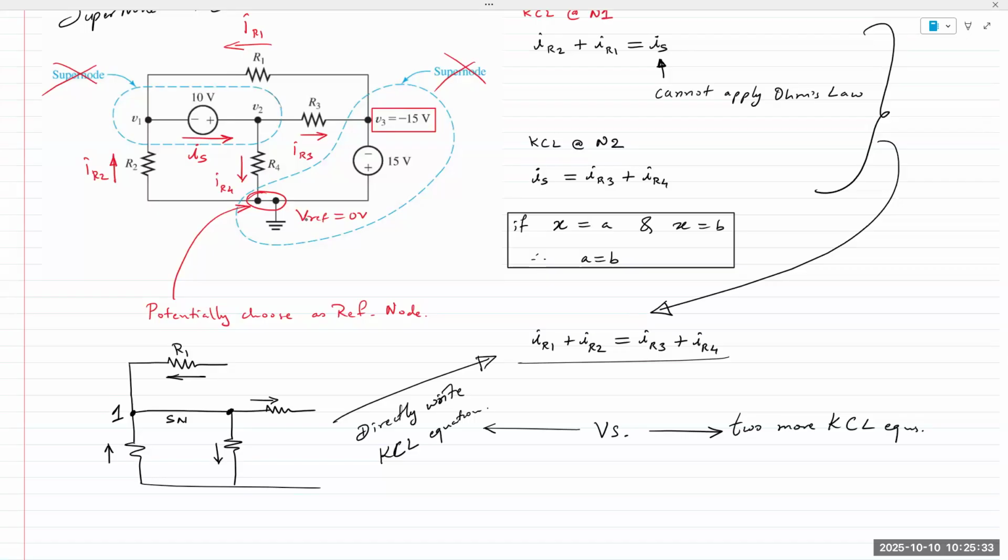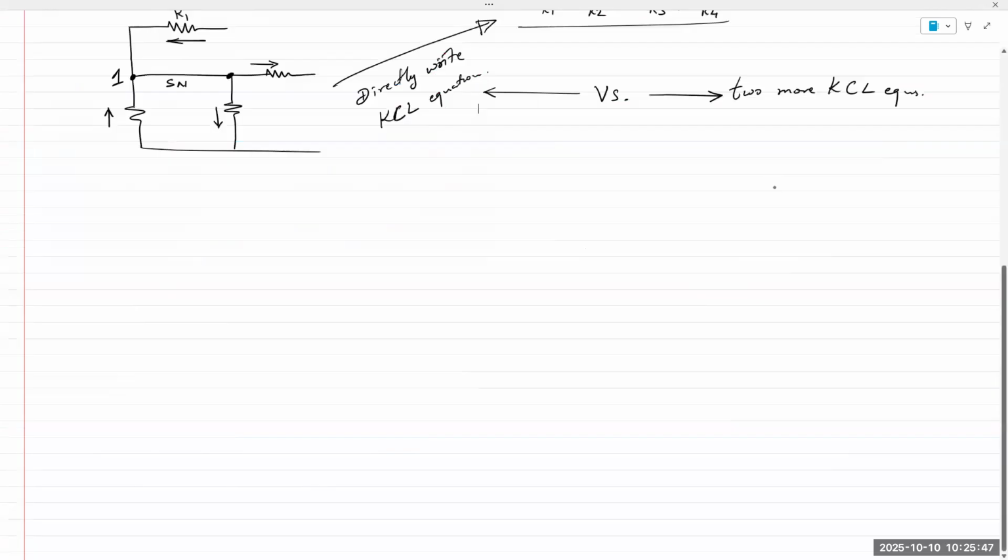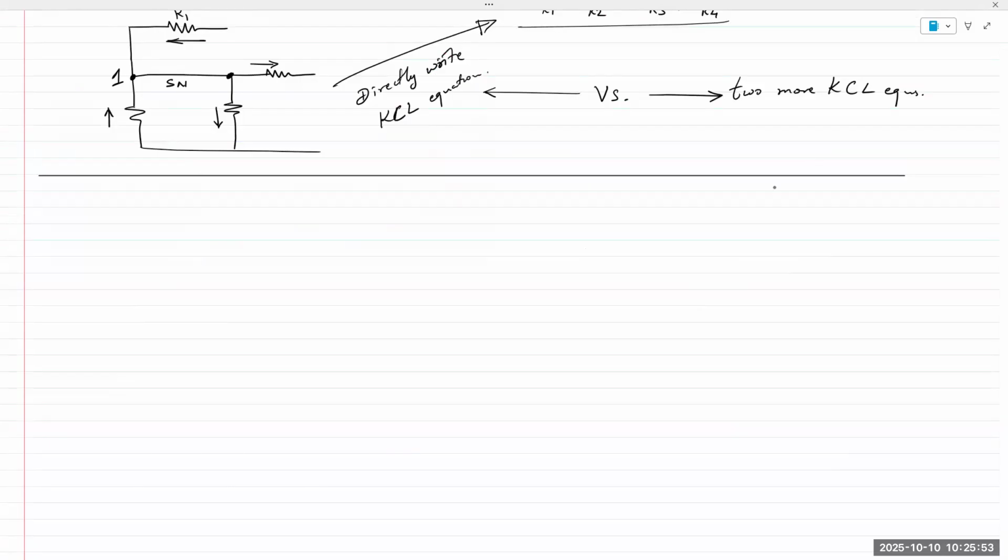Okay, as I stated earlier, node voltage is this Monday, and then the Monday after that would be mesh current analysis. And so let's begin with the mesh current analysis topic. So in mesh current analysis, how many of you have already watched the videos on mesh current? Okay, let's start with questions.